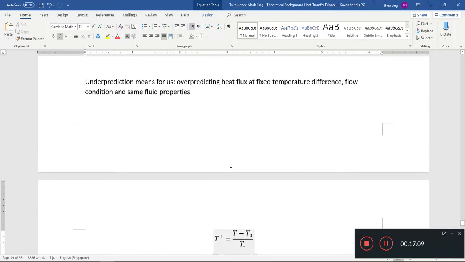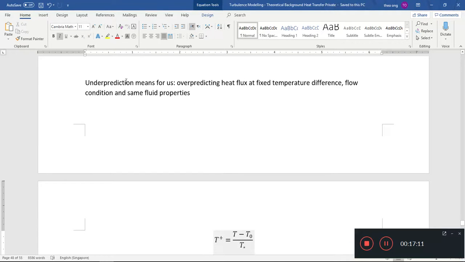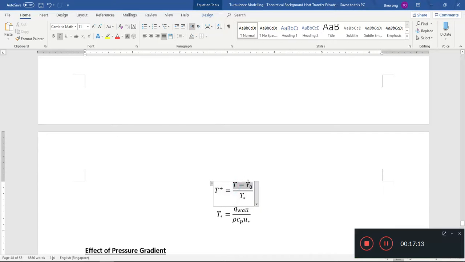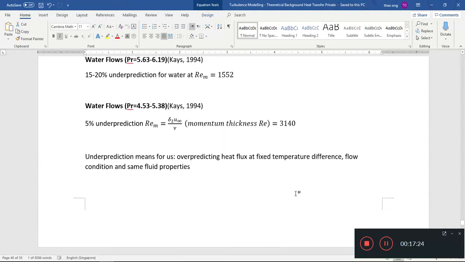So over predicting at a fixed temperature difference, a smaller T plus means the denominator is bigger. Denominator bigger means T star is bigger. T star is bigger means the heat flux at the wall is bigger. So that's what it means: usually over predicting heat flux for a fixed temperature difference.